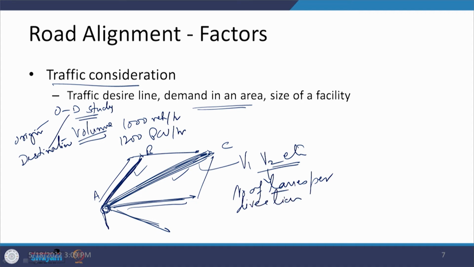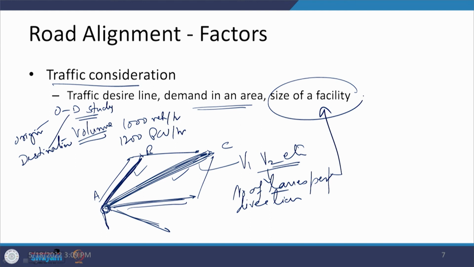That is going to further define the size of a facility, because there are other features also in the cross section which have to be provided along with these lanes, and we are going to get a good width, and that is the size we are talking about here. So, the traffic considerations are also going to talk about this.